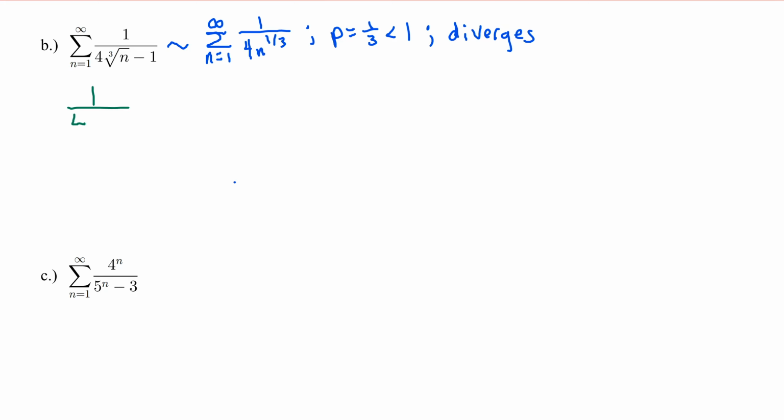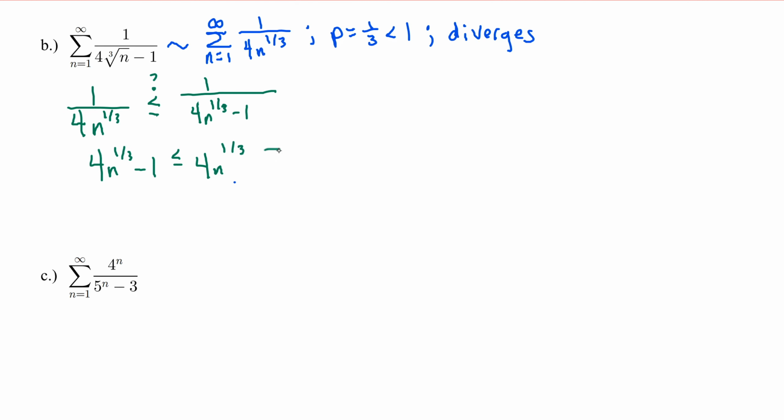So I want to find out, is 1 over 4n to the 1/3 less than or equal to 1 over 4 times n to the 1/3 minus 1? And again, we're attempting to establish this. So multiplying both sides, or cross multiplying here, which is definitely legal because we're dealing with positive numbers, we have 4n to the 1/3 minus 1 less than or equal to 4n to the 1/3.